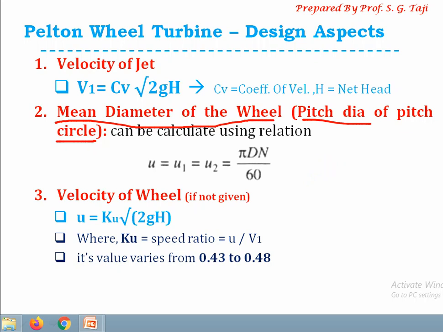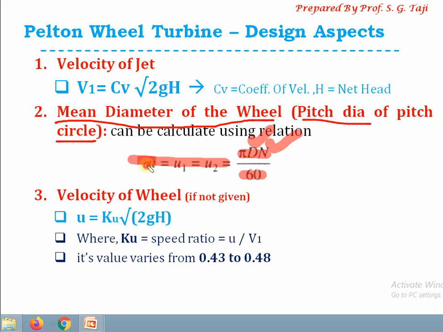The diameter of the pitch circle can be calculated by using this equation: u1 is equal to u2 is equal to pi DN upon 60, where D is the diameter of the wheel and N is the speed of the runner in revolutions per minute.